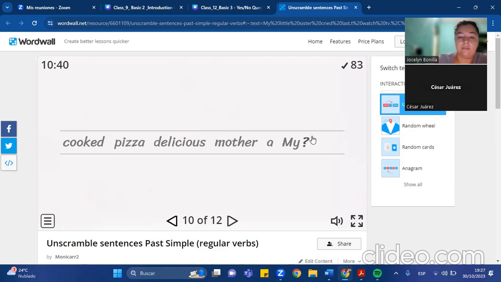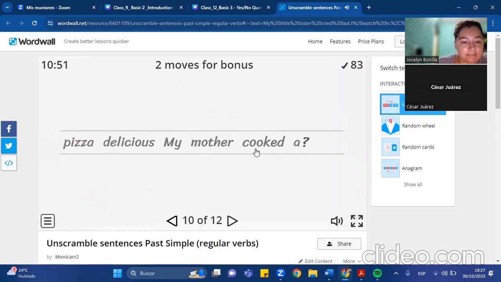My mother cooked a delicious pizza. My mother what? Cooked. Again, a delicious pizza. What's the pronunciation about this?